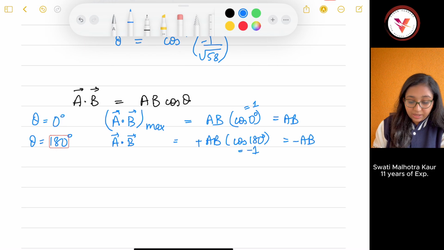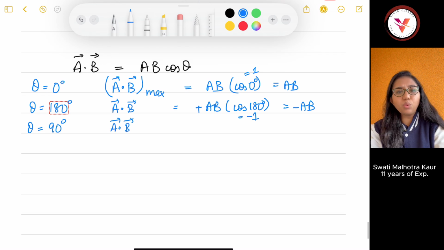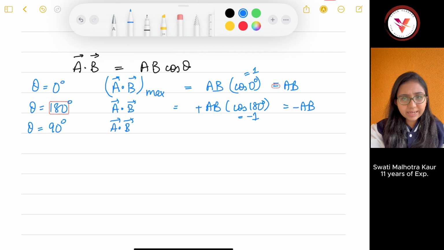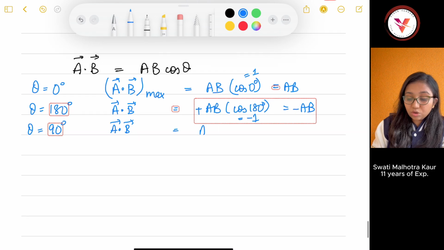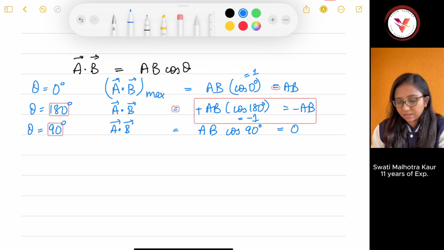And at theta equal to 90 degree, a dot b is 0. That means for the scalar product, if two vectors are mutually perpendicular to each other, you get a 0 value. Here ab cos 90 degree gives you 0, meaning there is nothing.